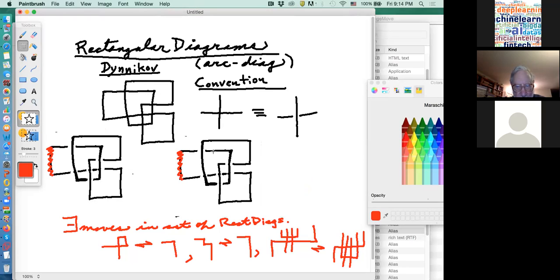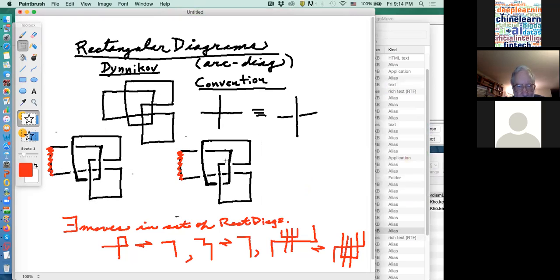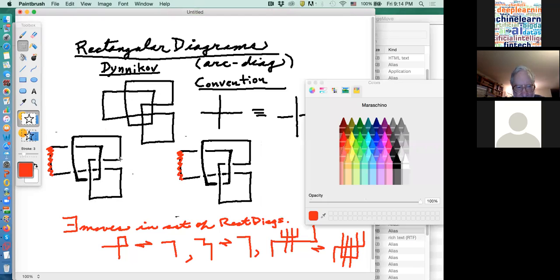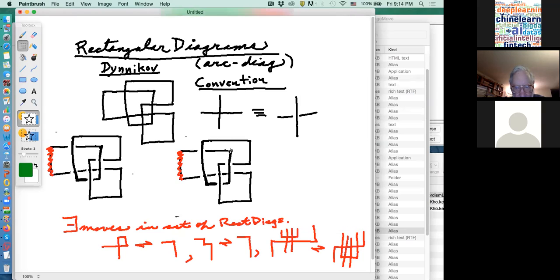All right, so now let me use another color here. So what I have in mind is I'm thinking of pivoting on the vertical line here. No, I'm sorry. Pivoting from here to here.